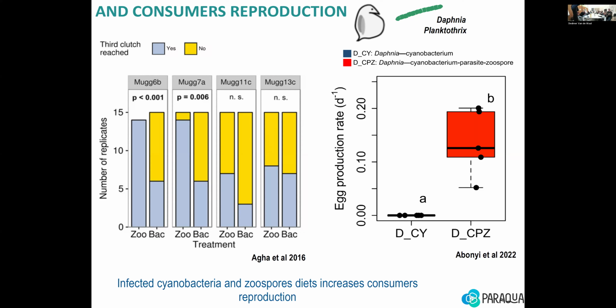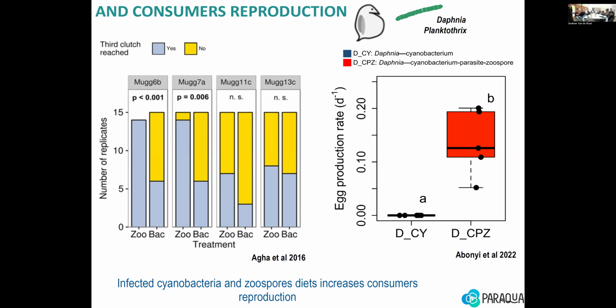So Ramsey was doing an experiment with zoospores and bacteria, and this was also strain dependent. Some strains were not reaching the third clutch when feeding only on bacteria.